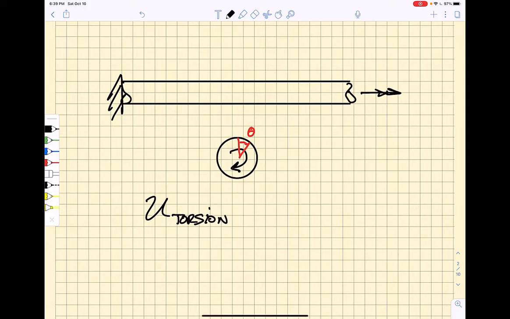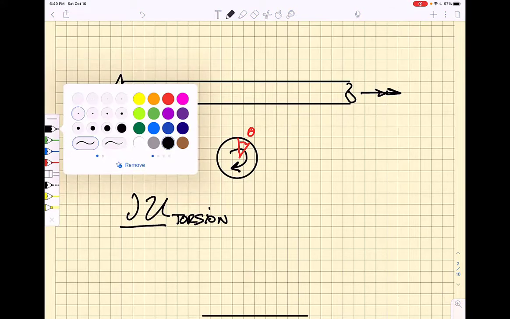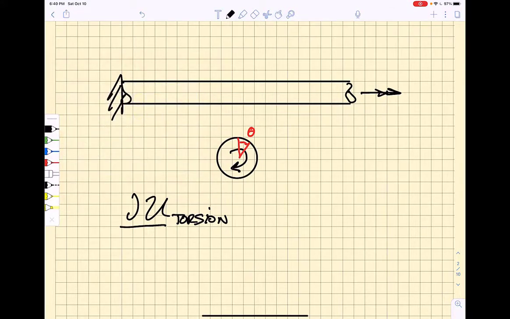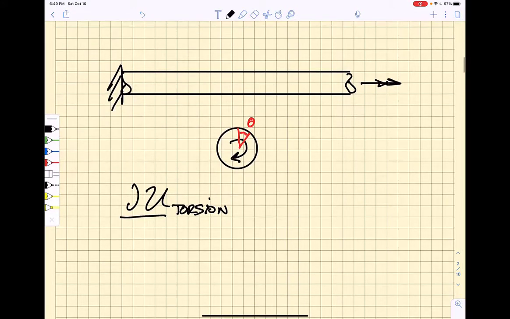If it's only a function of one variable, it doesn't matter whether you take partials or just normal derivatives. But sometimes there can be more than one load applied, and the partial of the energy with respect to any one load gives you the deformation at that load in the direction of that load. So the partial of the stored energy due to torsion with respect to the torque that's applied is going to give you an angle of rotation theta.